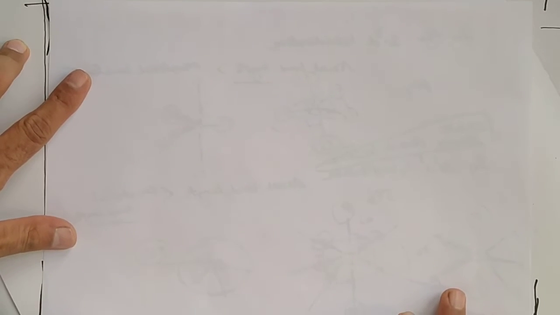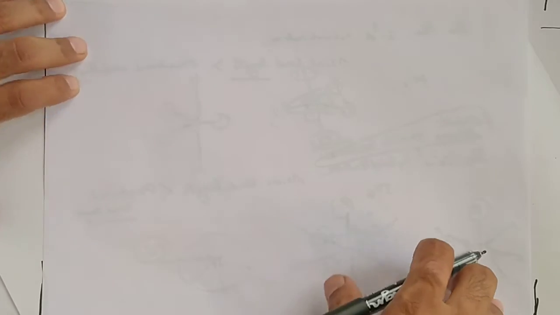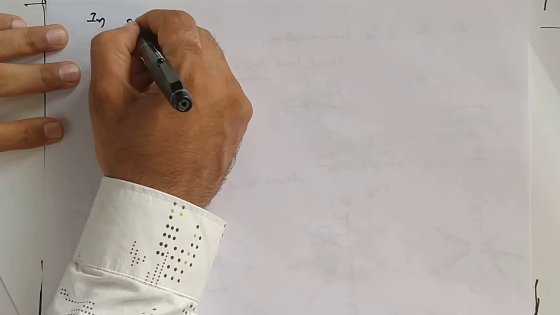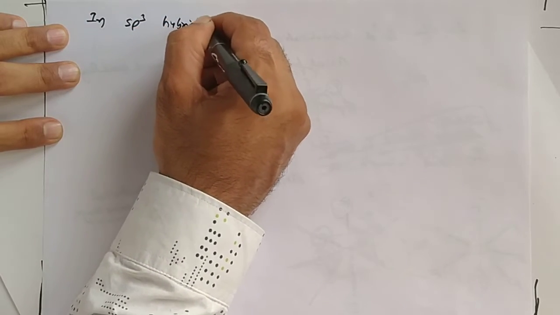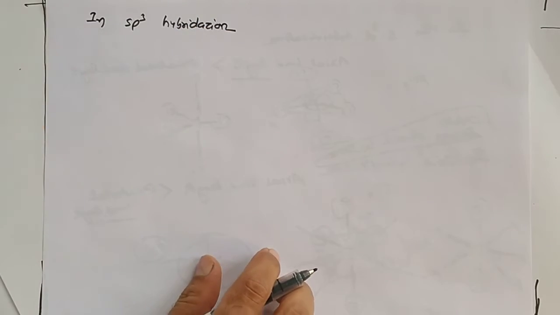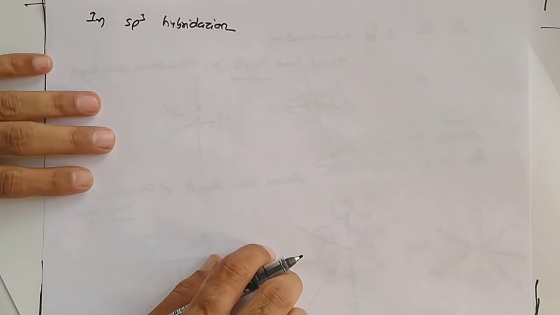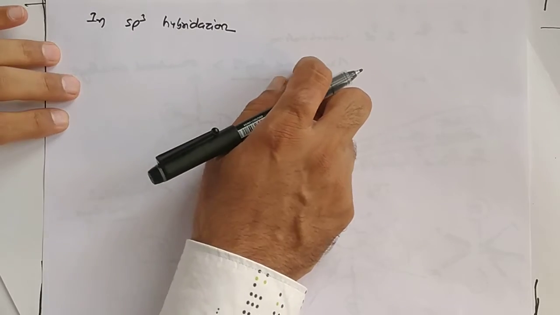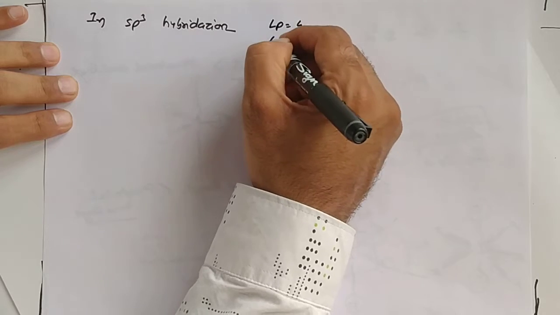Some examples I am giving you. In sp3 hybridization, whenever hybridization is sp3 and all the bonds are bonding, lone pair 0, bonding pair 4.